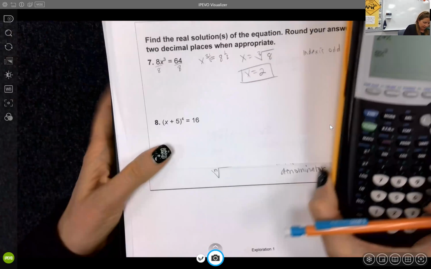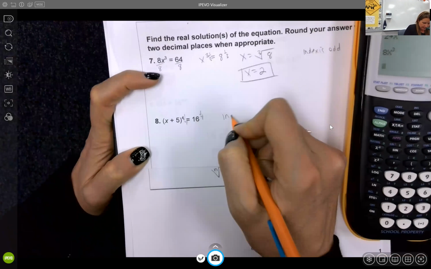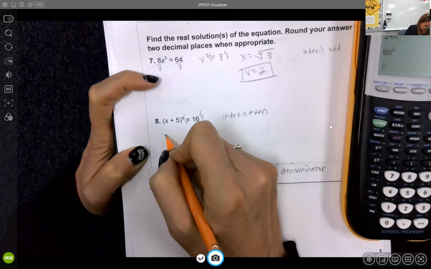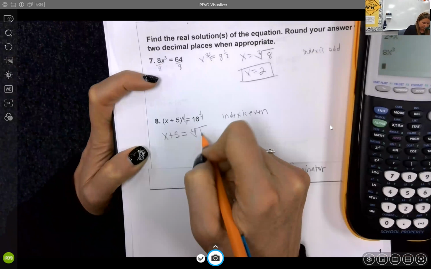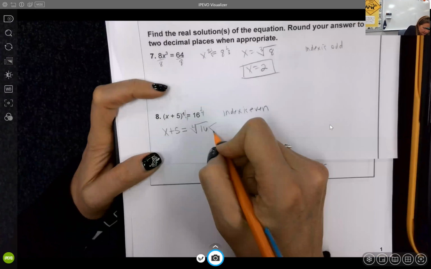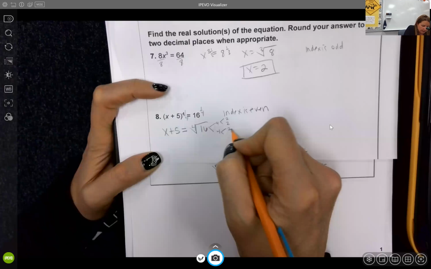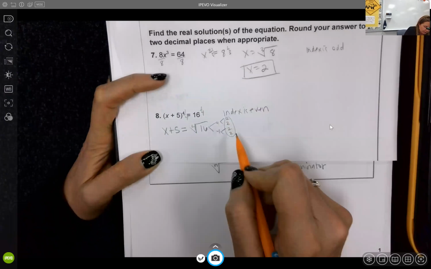Okay, this one we're going to do 1/4 power. We notice the index is even. Okay, so I've got x plus 5 is going to equal the 4th root of 16. And the 4th root of 16, 1, 2, 3, 4 2's. Okay, so the 4th root of 16 is 2.